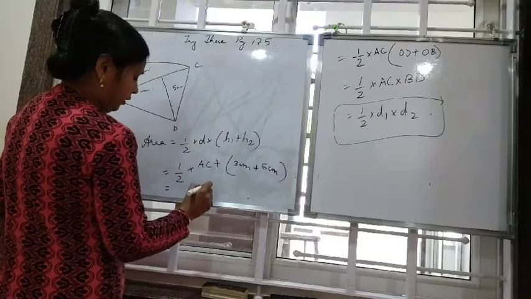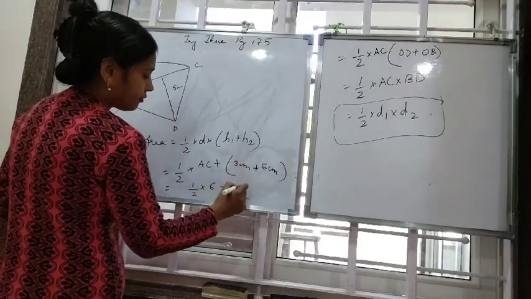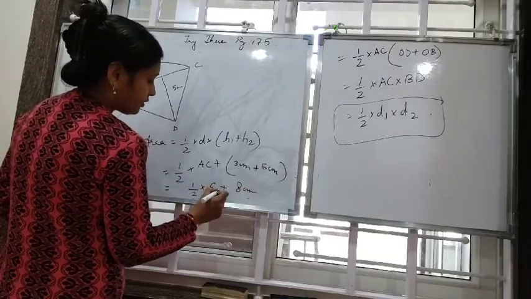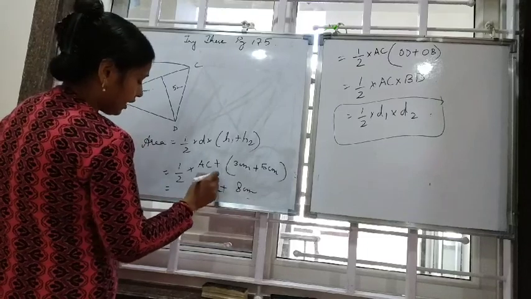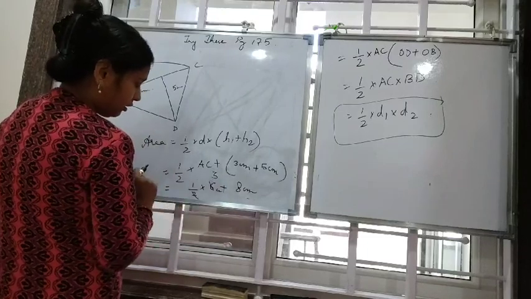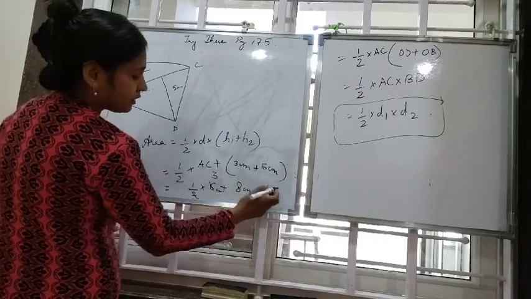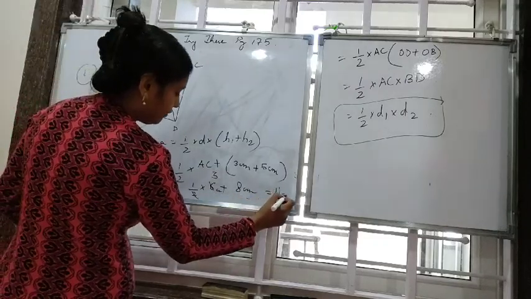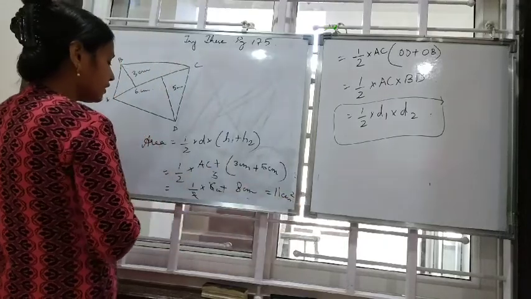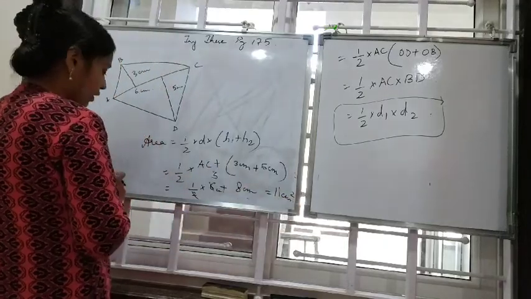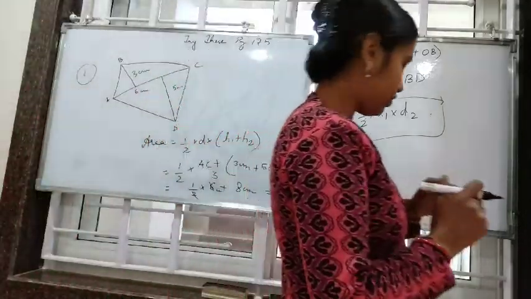What is AC? 6. And this is 8. 3 plus 5 gives us 8. 2 and 6 will get cancelled. 3. Correct? 3 ones are 3. 3 plus 8 gives us 11 centimeter square. Okay? So this completes the first one.